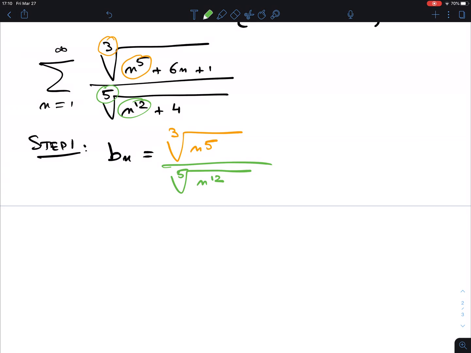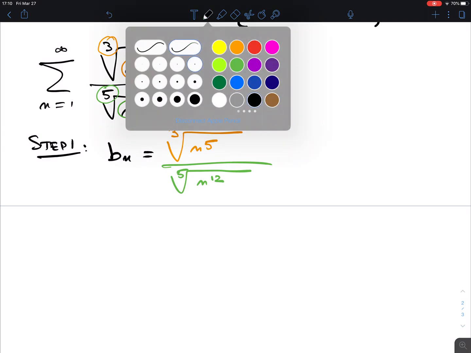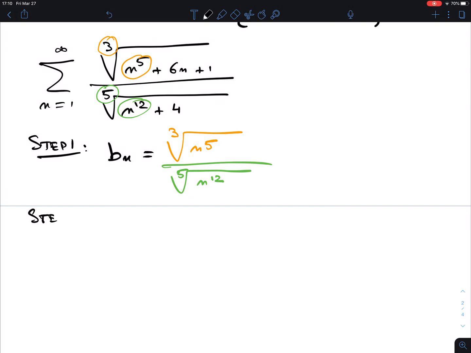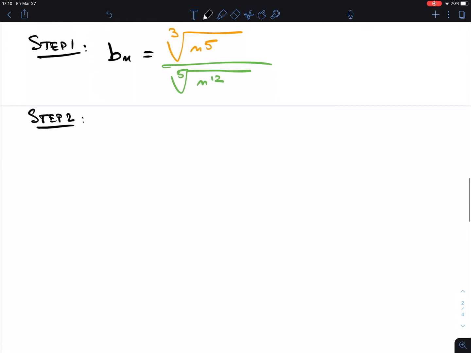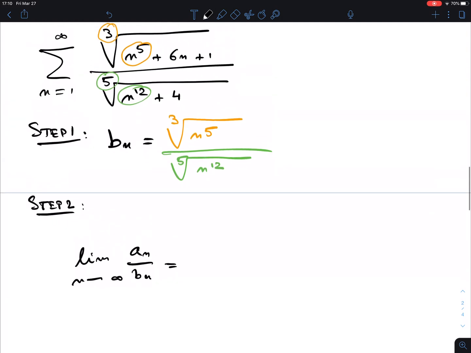Your urge to simplify might kick in. Don't do that yet. Because the next thing I have to do, step 2, and that is why I want to write it this way, I have to calculate this limit, An over Bn, and An was this guy, so I do the same principle.